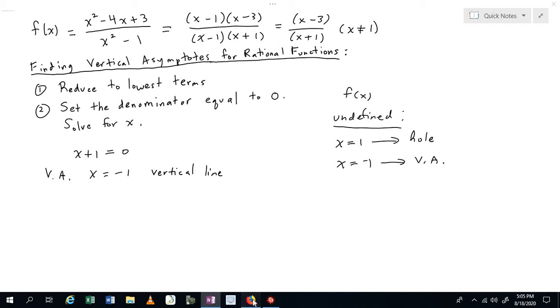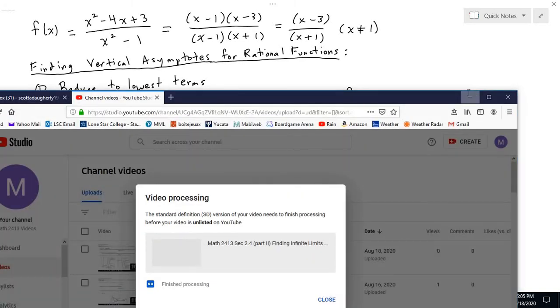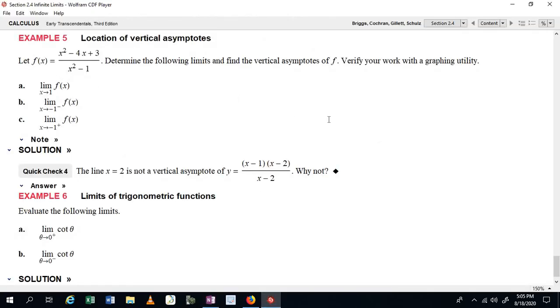Okay, so having said that, the last thing I want to talk about is, let's go back to the definition of vertical asymptotes for a moment. I mentioned earlier in this video that the definition of vertical asymptotes is not very user-friendly with respect to finding vertical asymptotes.